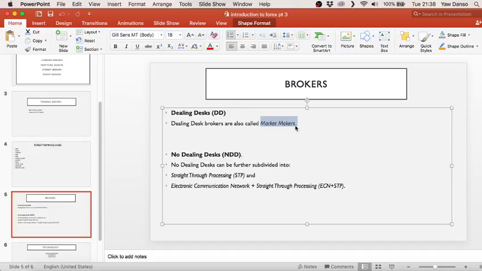So it's hard to make money when you trade with market makers, but it will depend on the style of trader you are. We have different styles of traders: traders that want to trade within a day, traders that want to trade within a week, and traders that want to trade within a month.